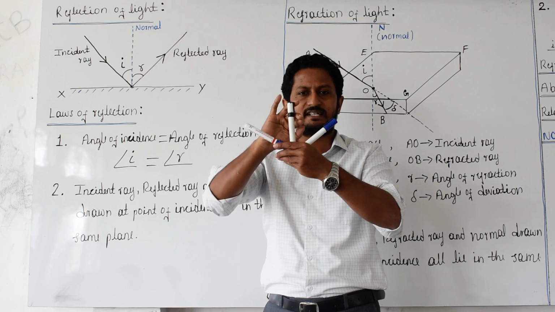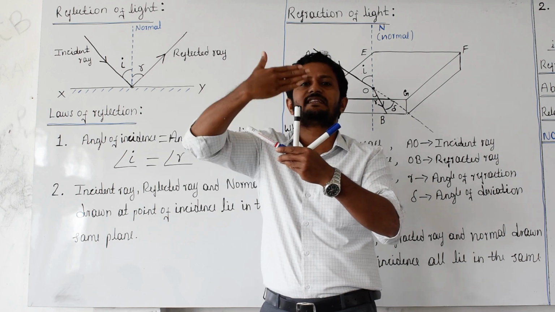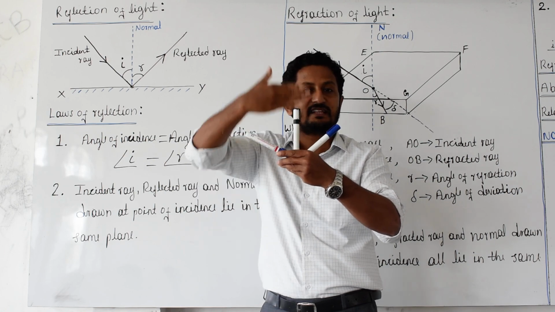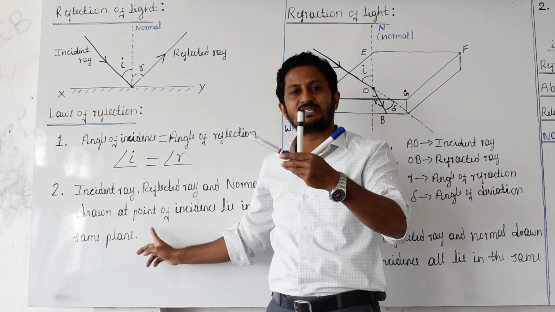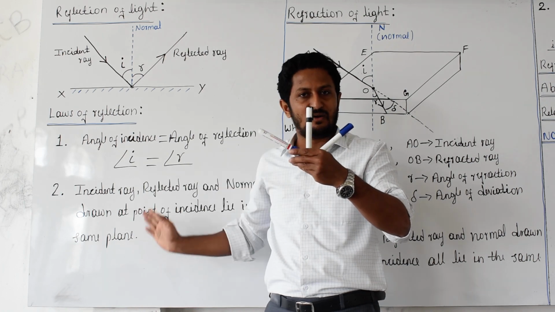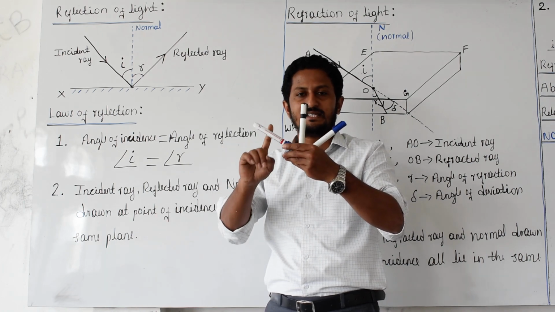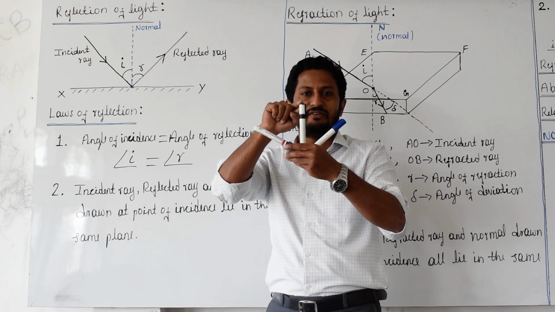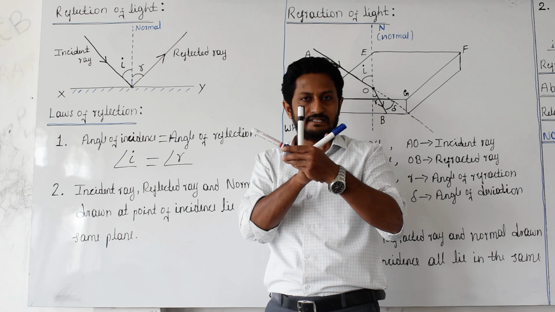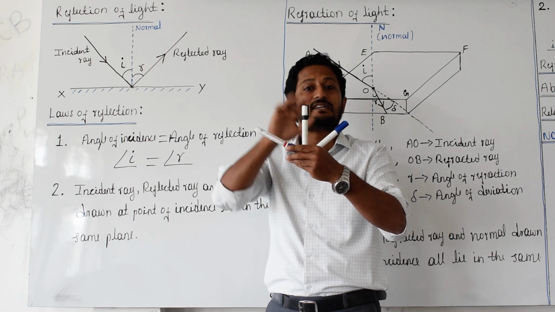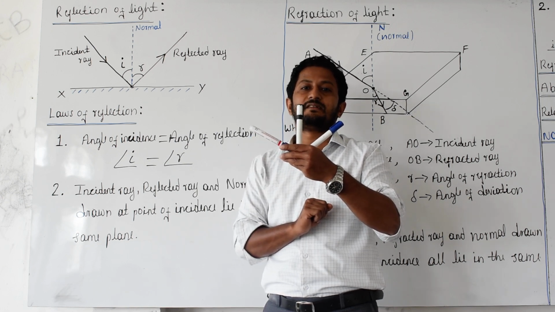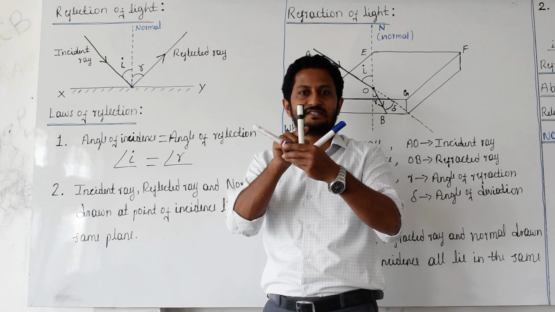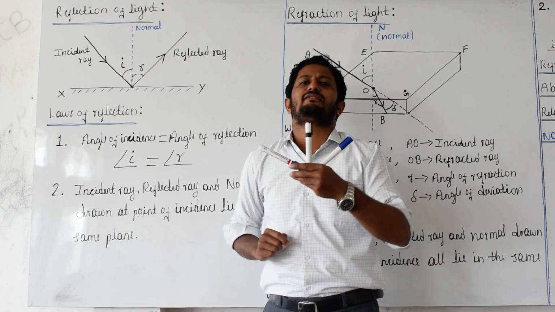These three lines are lying in this vertically held plane. These three are in the same plane. That is the second law. The second law of reflection says the incident light ray, the normal drawn at the point of incidence and the reflected light ray are all lying in the same plane. This is the second law. The first law: the angle of incidence is equal to the angle of reflection.